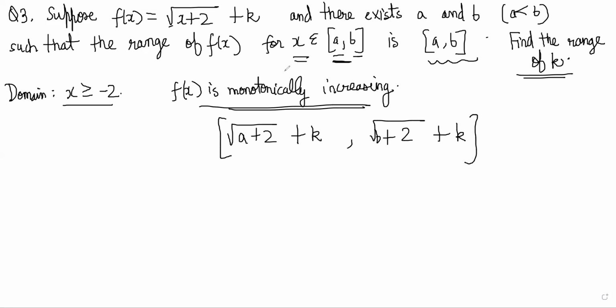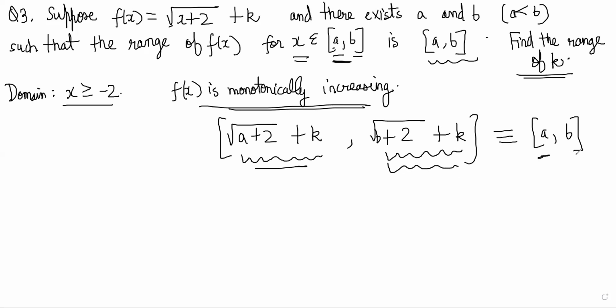Because it's an increasing function, you can take the lower limit, that will be the lowest possible value of the function, and upper limit, and that will be the highest possible value of the function. Now, in the question, they are saying that the range of the function is actually same as a to b. So that means this must be equal to a and this must be equal to b, right?